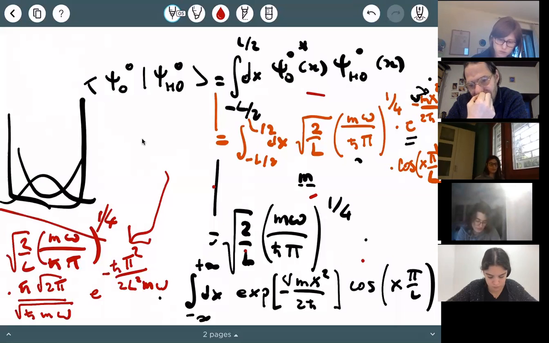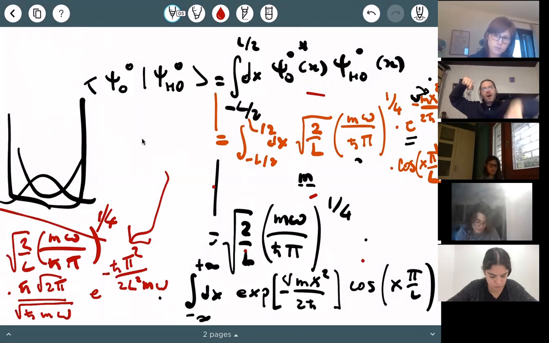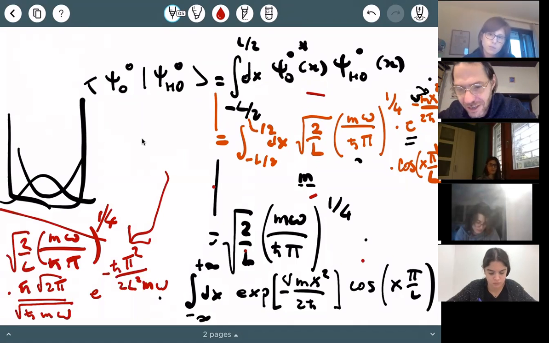Okay? So there is some transit. If I were really making the measurement, suppose I have a button which changes the Hamiltonian from harmonic oscillator to square box. That's my first button. And I have another button where when I press it, I make the measurement. Ideal situation.